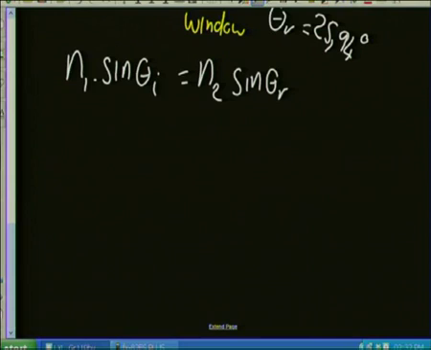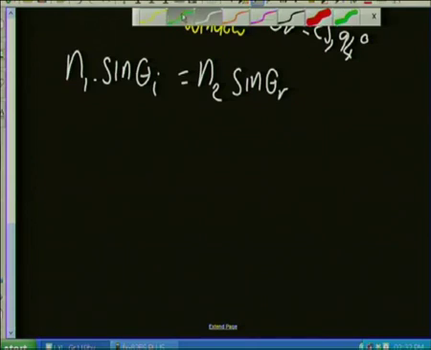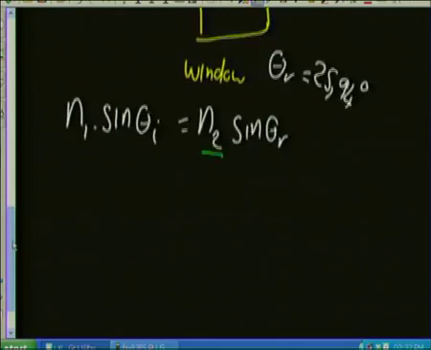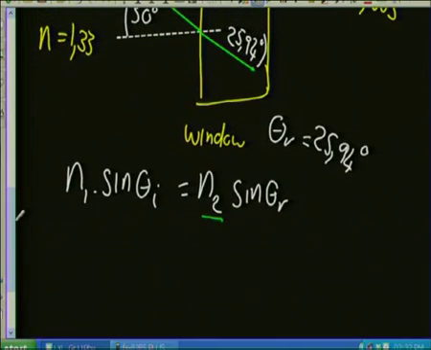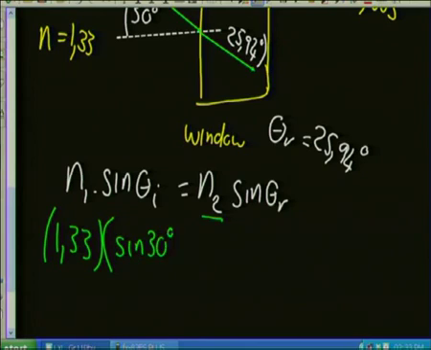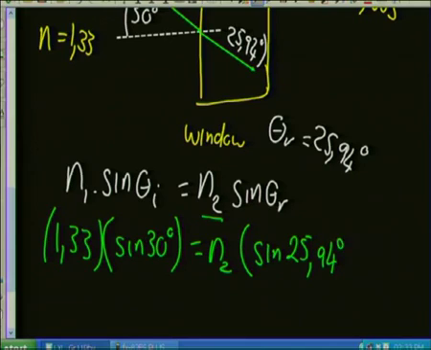And we're wanting to find this one. We're wanting to find the refractive index of glass. So here we go. We'll substitute our values in. Don't try and rearrange the equation, we'll just get a mess then. We're wanting sine of 30 degrees, which is equal to N of glass, N2 is the refractive index of glass, times the sine of this angle, 25,94 degrees.